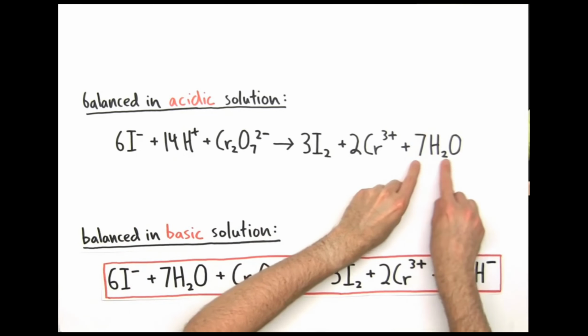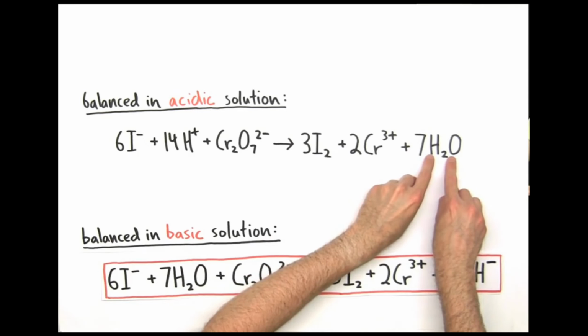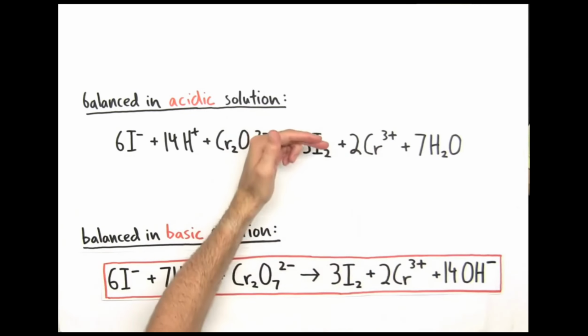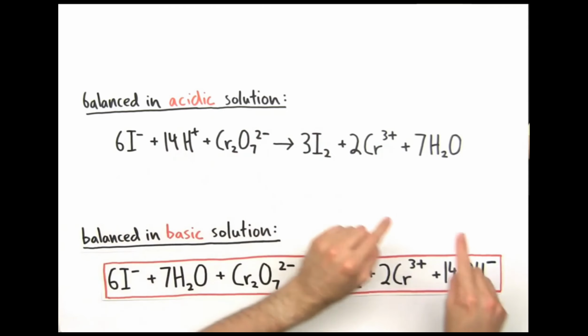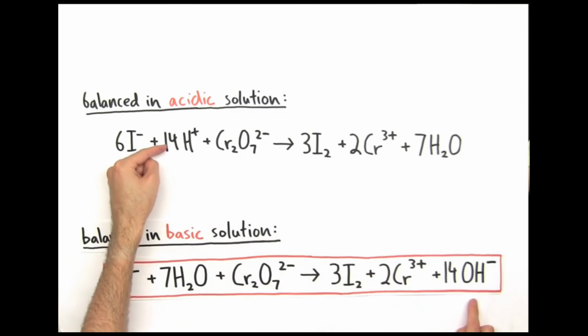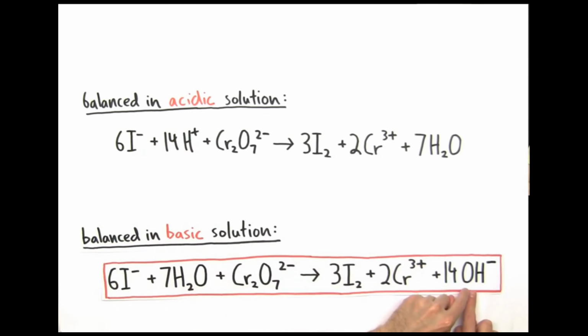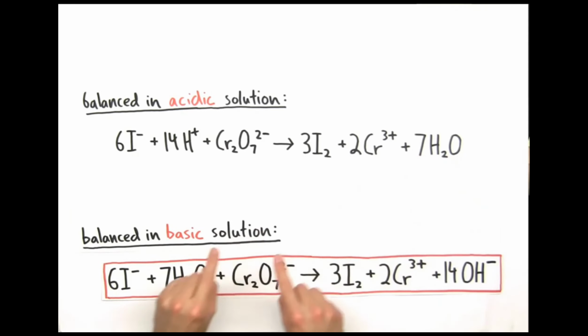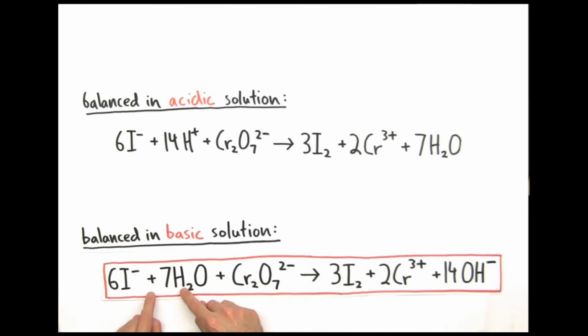The 7 water molecules are on the right side of this equation, but they are on the left side of this equation. So those are the key differences. The H+ get replaced by OH-, and they switch over to the other side of the equation. And the waters, the number of waters doesn't change, but they move over to the other side as well.